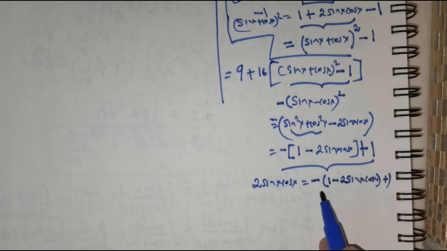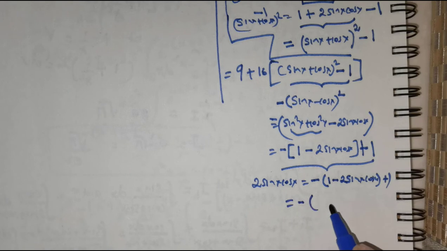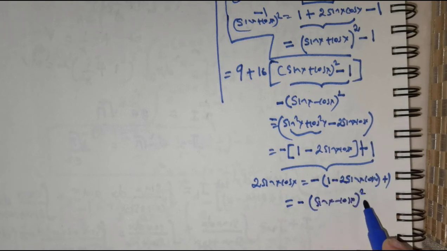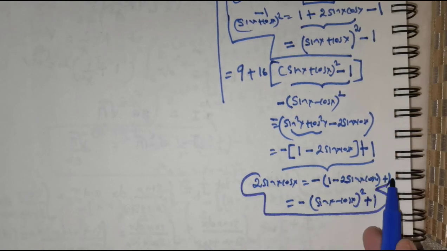Positive 1. So this is going to be negative 1, and this is going to be giving me positive 2 times sin x cos x. So negative 1 and positive 1 can be cancelled. So this is going to be rewritten as negative of sin x negative cos x raised to the power of 2 followed by a positive 1. So this is what we need.